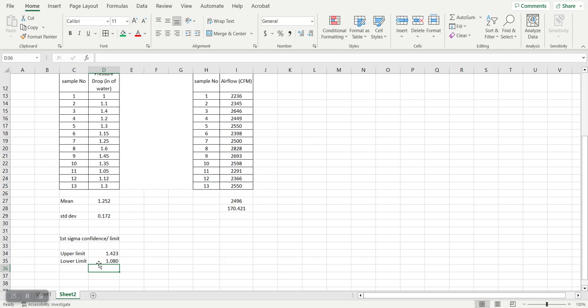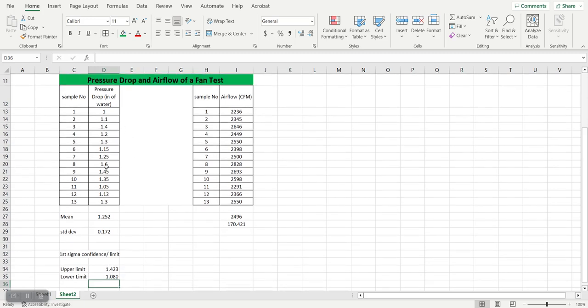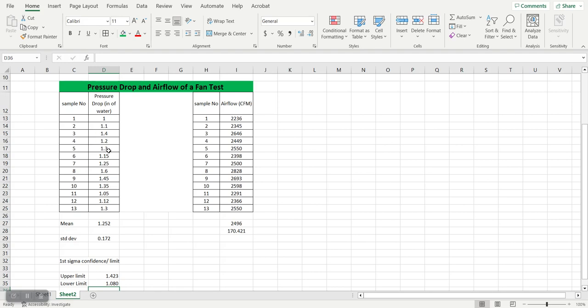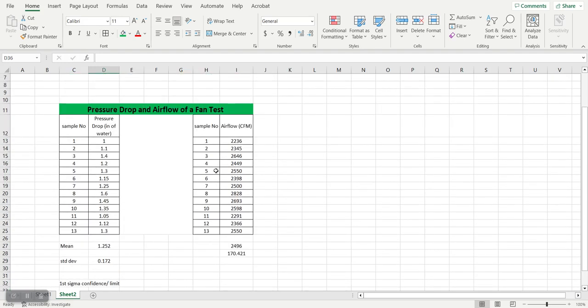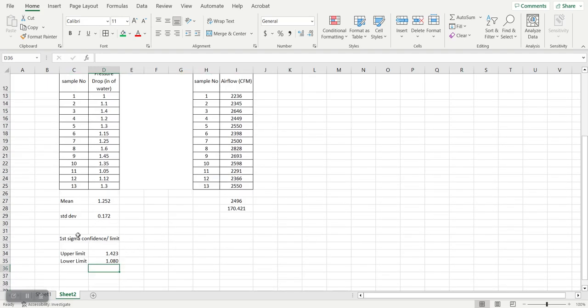So this is the range 1.08 to 1.42. Within this limit most of the values exist. Okay, same thing for the airflow. So this is the first sigma or first standard deviation limit. In the same way you can calculate the second sigma confidence level or third sigma confidence level.